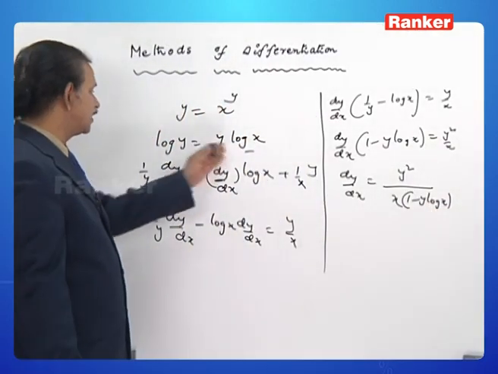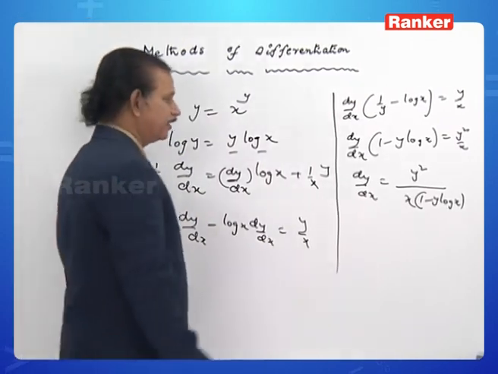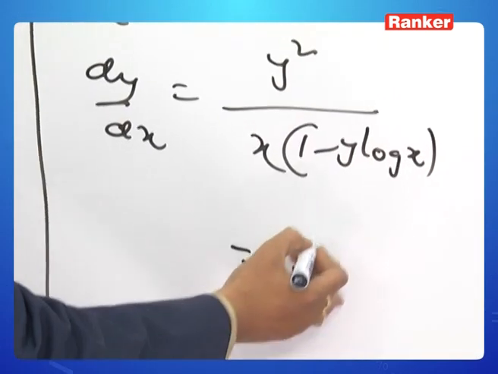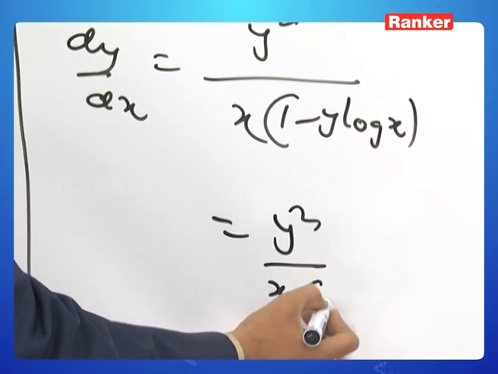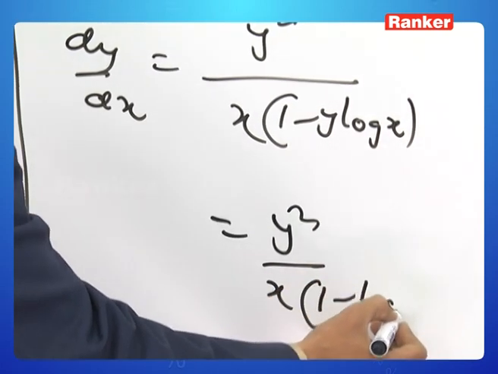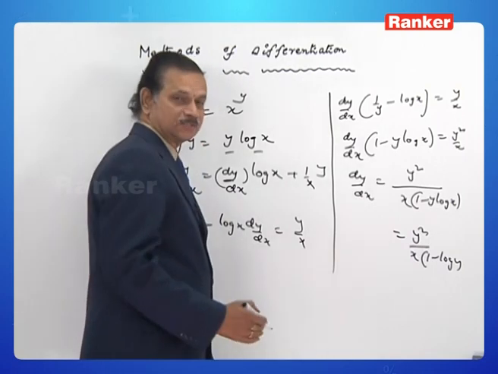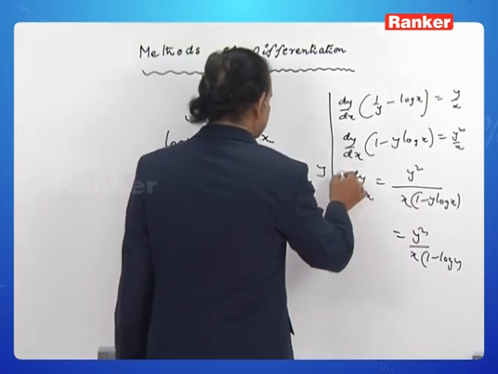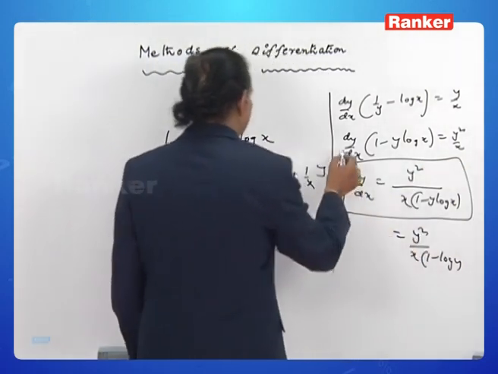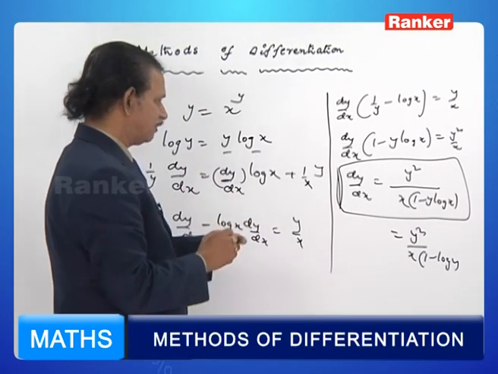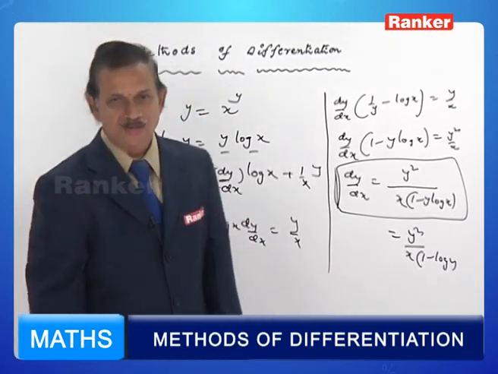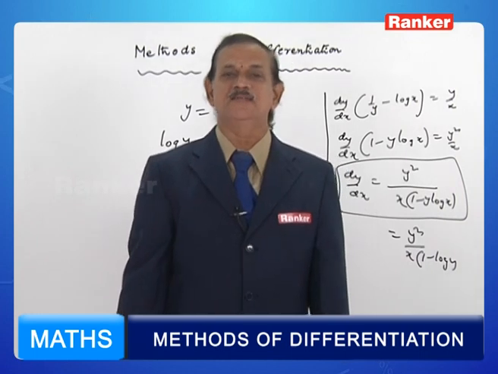But you see, y log x is nothing but log y. You can write like this also, y square by x into 1 minus log y. So two answers. This is a famous question and famous answer also. If y is equal to x power y, then dy by dx is equal to y square by x into 1 minus y log x.